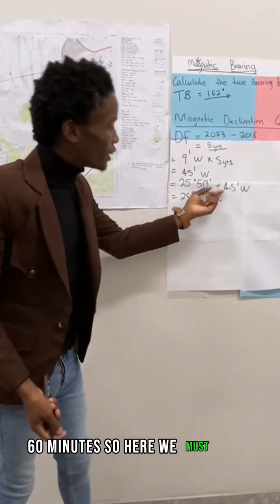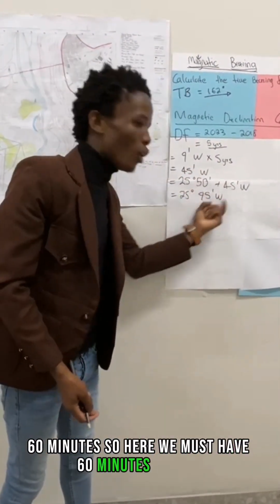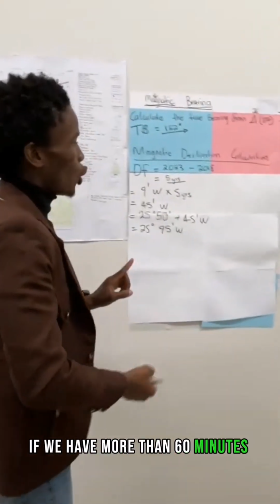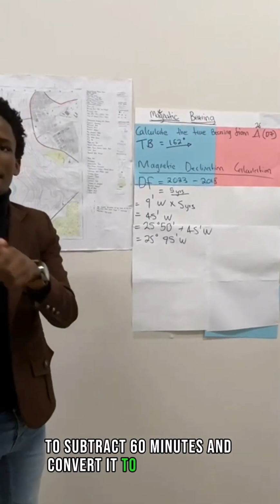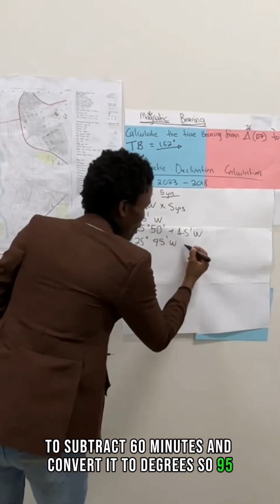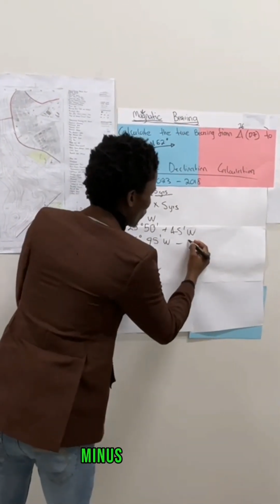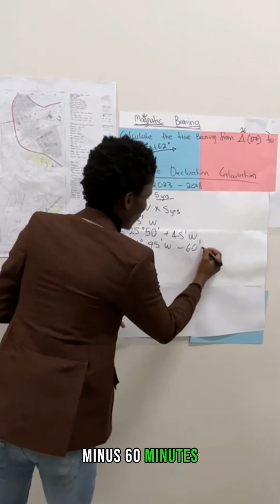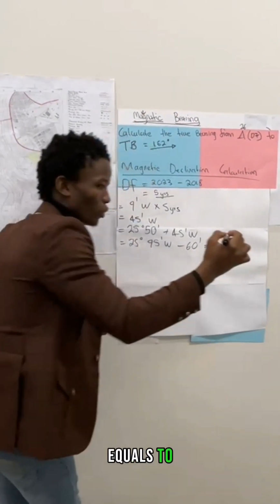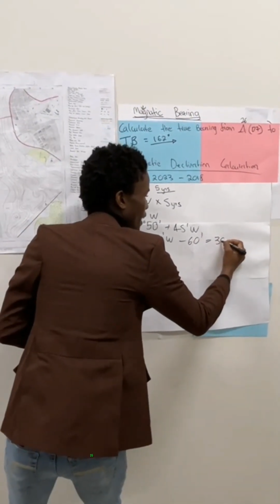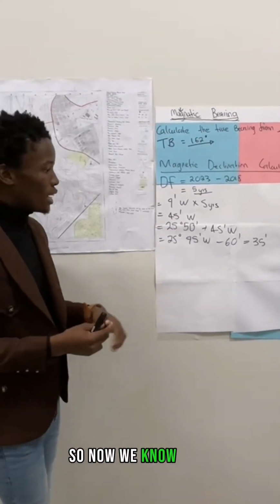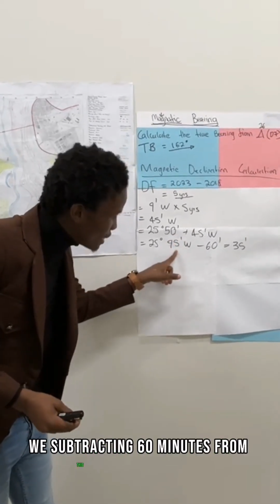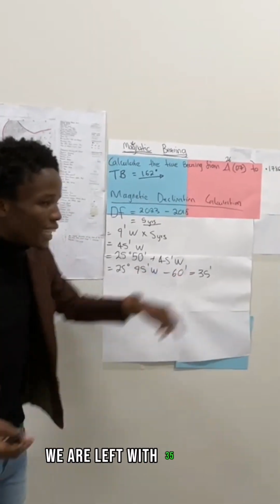So if we have more than 60 minutes, we are forced to subtract 60 minutes and convert it to degrees. So 95 minus 60 minutes equals 35 minutes. We are left with 35 minutes.